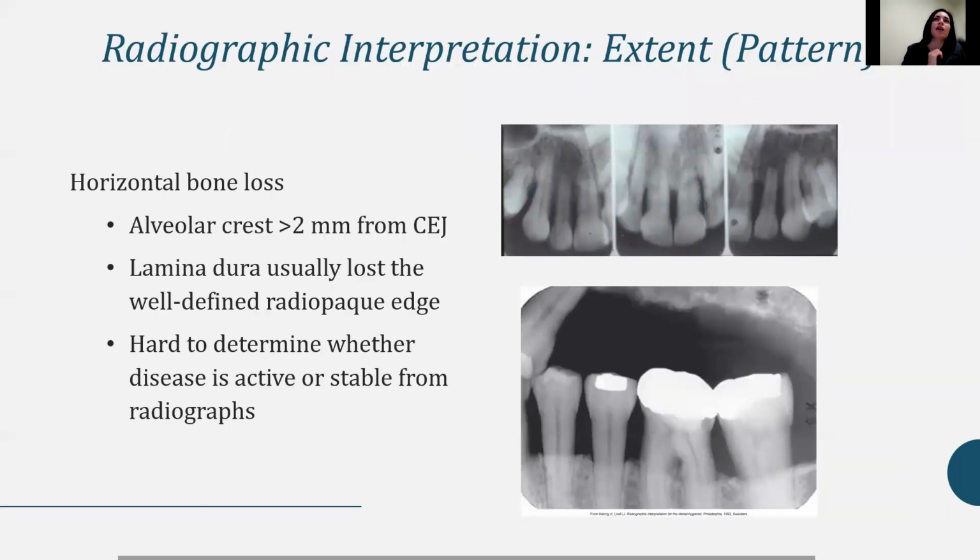Okay, so here we're looking at some horizontal bone loss patterns. So the alveolar crest should stay somewhere between 1 millimeter to less than 2 millimeters below the CEJ to be considered normal. So that's very close really to the CEJ, so it's hard to determine it specifically.